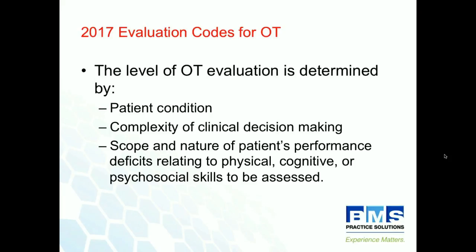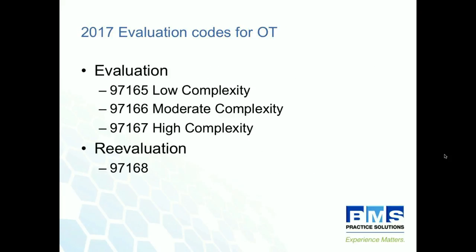So you can see that the determining factors for what you are choosing are significantly different between the two different disciplines. The evaluation codes for the new OT codes are 97165 for low complexity, 97166 for moderate, 97167 for high complexity, and then the OT reevaluation code is 97168.